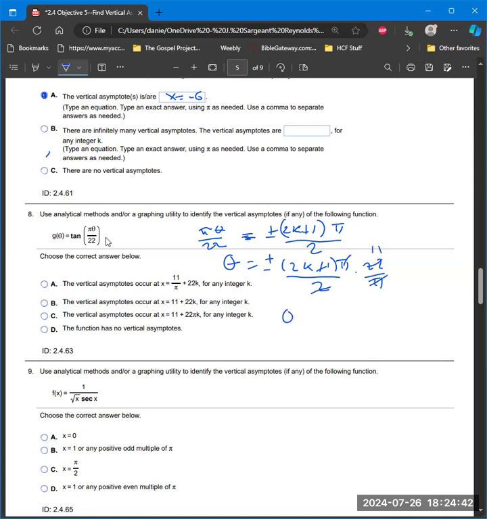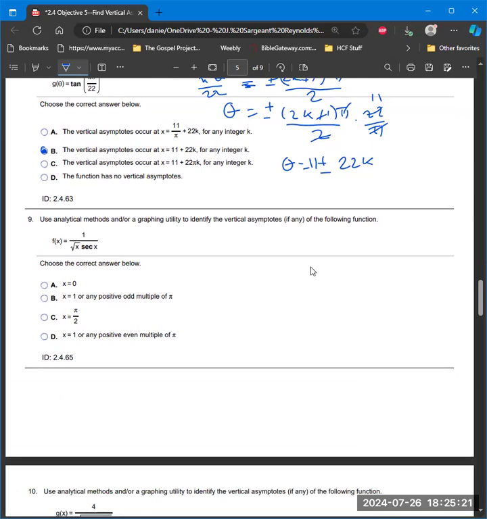And this is theta equals plus or minus 22k plus 11. So 11 plus or minus 22k. So that's B. They're not going to say plus or minus because they're going to say that k can be any integer, including negative. So there we go.